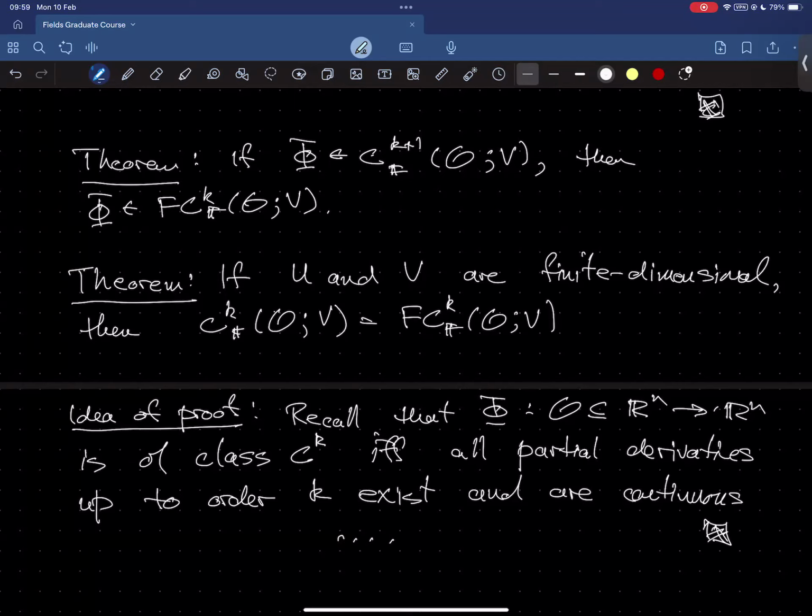You would have seen that in a multivariable calculus course, okay? And the analog of that for higher derivatives is also true. The theories that we have for differentiability are not necessarily the same for normed spaces, but they are the same for finite dimensional spaces. So that's good. At least this agrees with the finite dimensional case that you're familiar with.